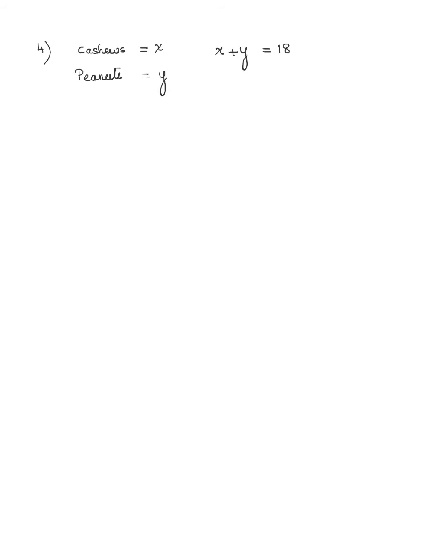And he ordered cashews 14 less than the amount of peanuts. That means x is the cashews. He ordered 14 pounds less. That means we have to subtract from what? From the pounds of peanuts. So this is the system of equations we have. So we're going to use the substitution method to solve this system of equations.